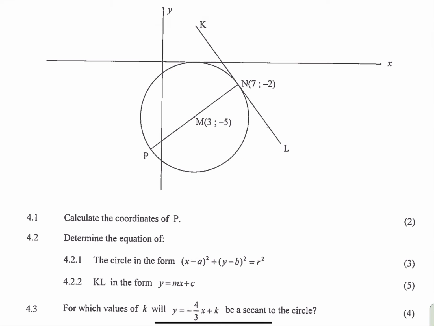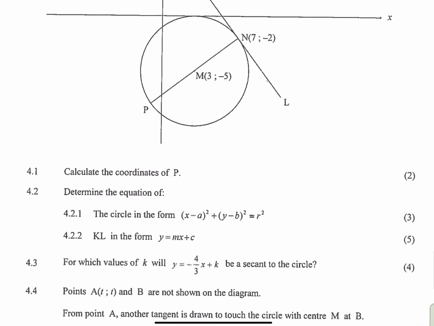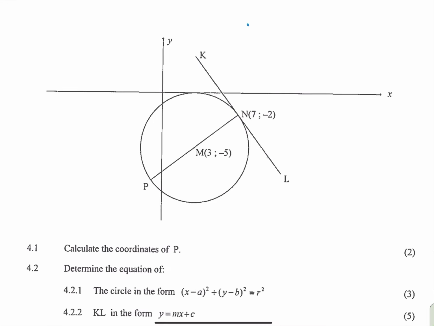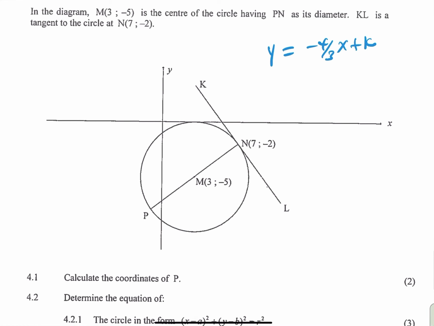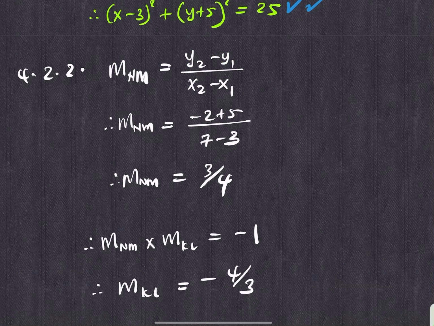But I want you guys to see something. They're giving you an equation like y = -4/3 x + k. I want to warn you again that this line has the same gradient as the tangent. Check the gradient of the tangent.